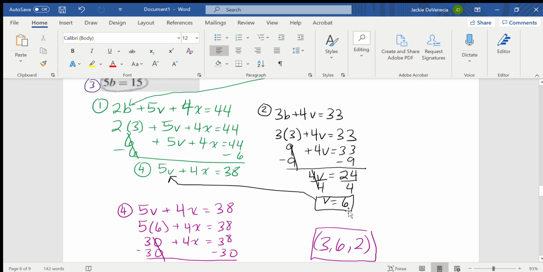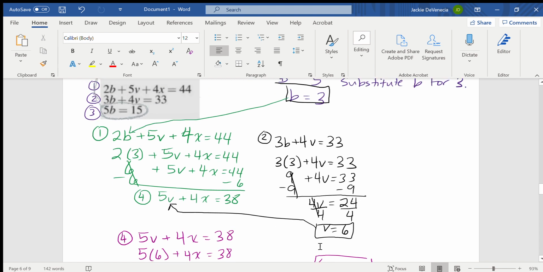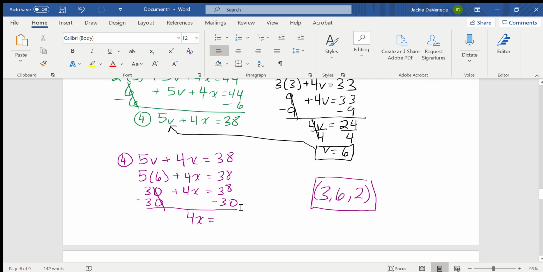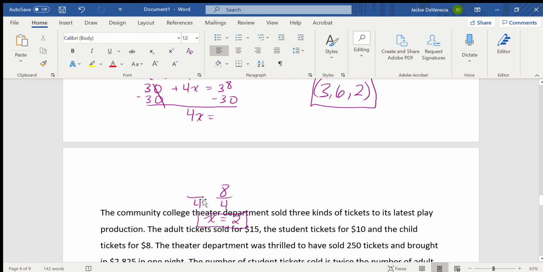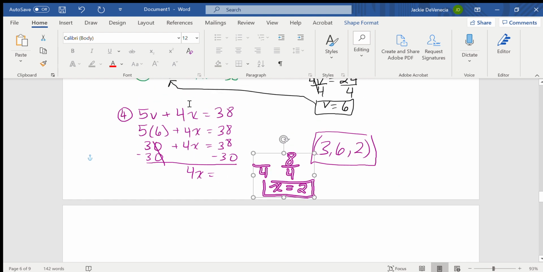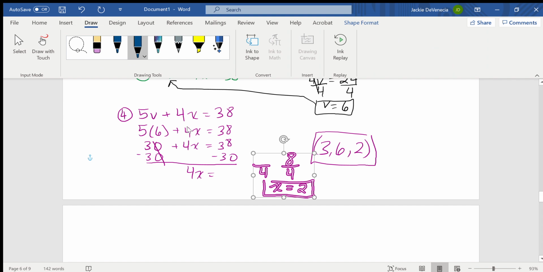We found that v is equal to 6. So we plugged it into here. And then we were able to do inverse operations to find that x is equal to 2. So we would have this system right there.